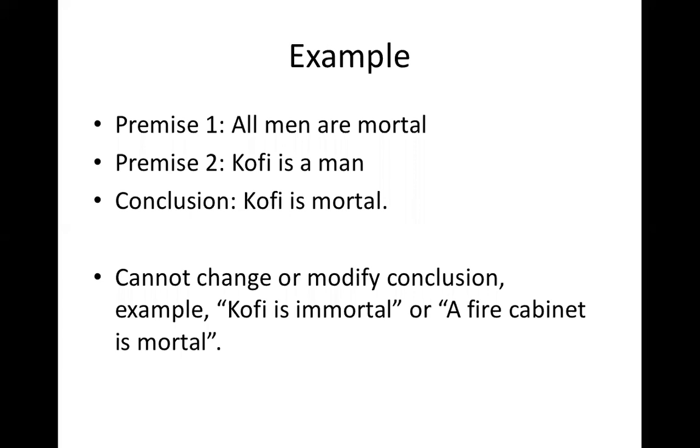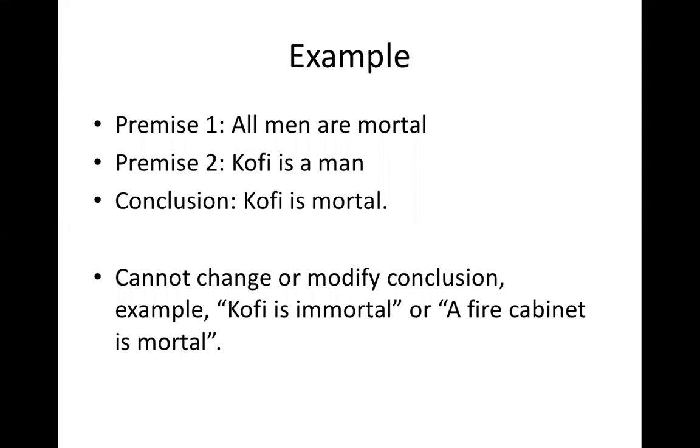Now, I want to show you a particular mathematical operation in this argument so that you see why the conclusion is necessary. When you look at premise 1, you see 2 terms. You see men and you see mortal. Premise 1 contains 2 terms, men and mortal. Premise 2 contains an additional term, a third one, which is Kofi.